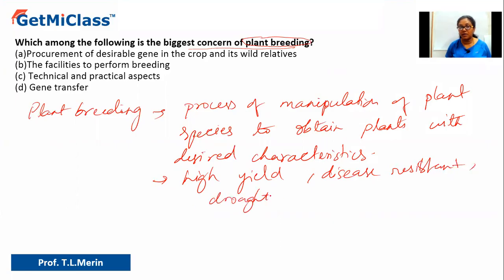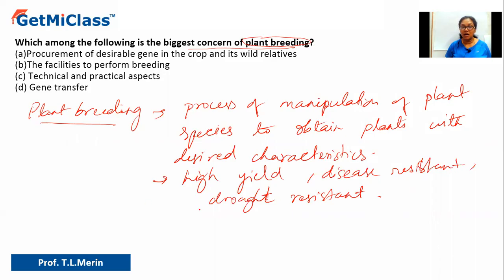That is again a bigger issue, right? There are many places where there is not much water, so in that place they should produce drought resistant plants. So there are different varieties to have different characteristics, which are the desired characteristics we are talking about.